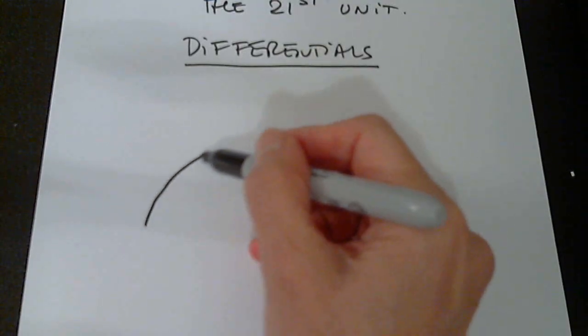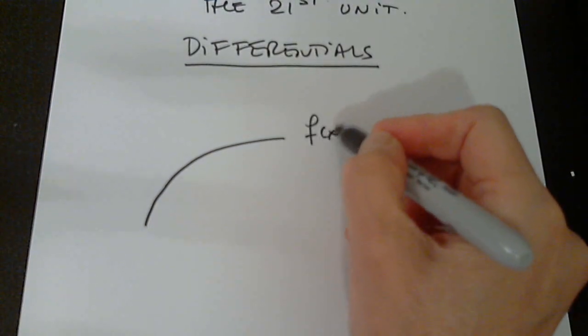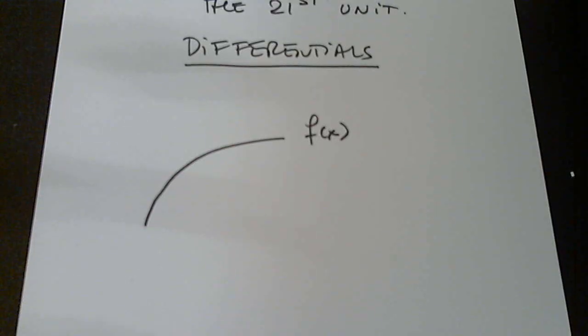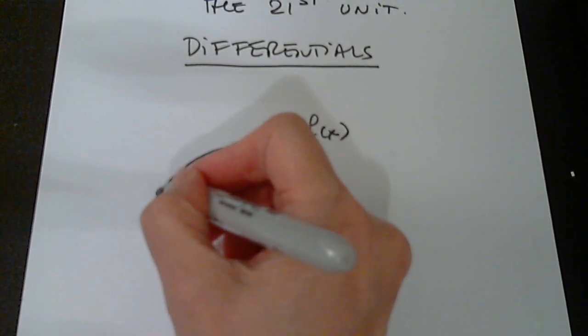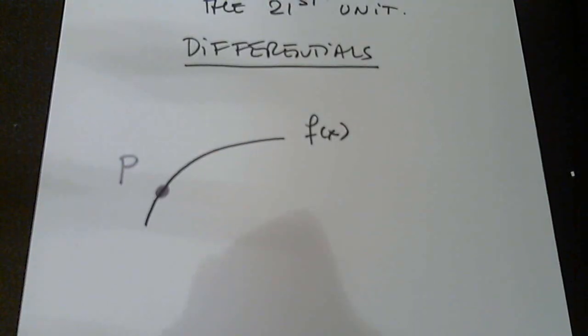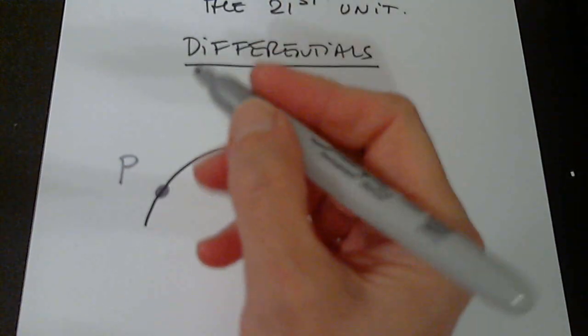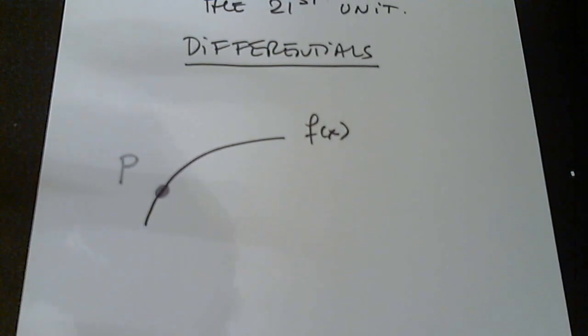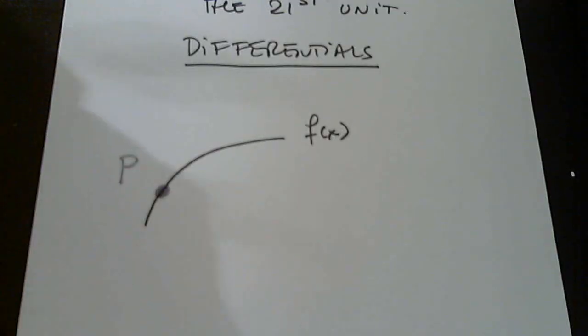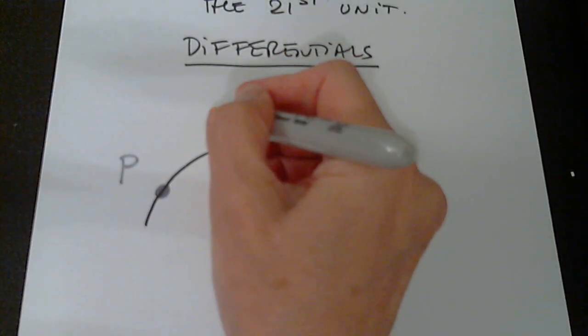Again, let's go back to our function. And let's say I have here a point. That's point P. And of course, the tangent at P. I need the tangent at P. Here it is.